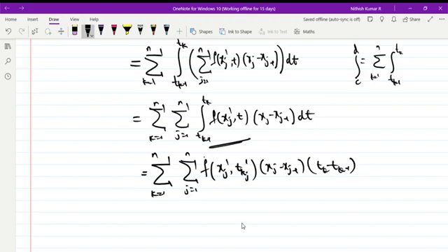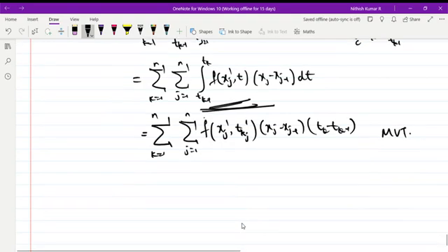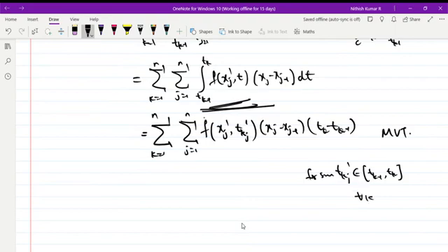So we are applying the mean value theorem for this integral, that is, for some tkj dash belonging to t(k-1) to tk, and this is true for all k between 1 and n.